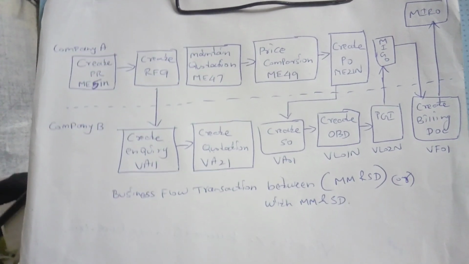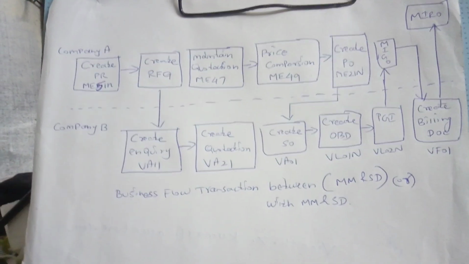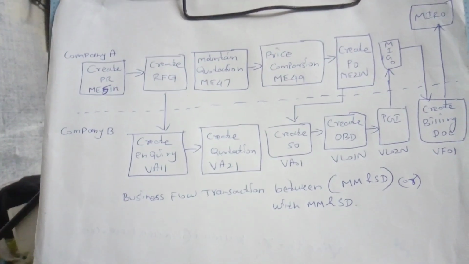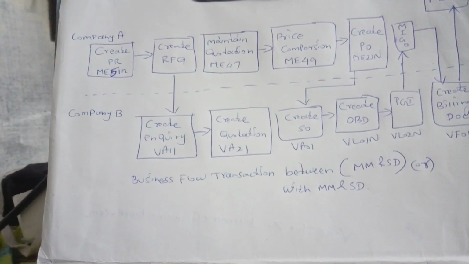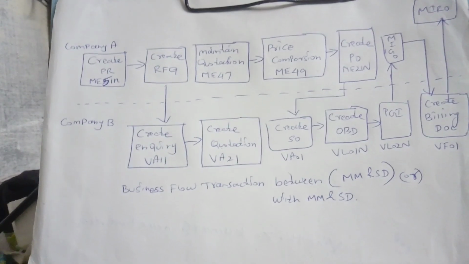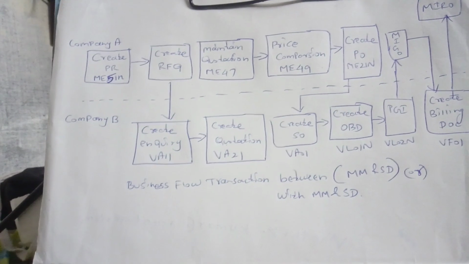This is in the SAP SD module of company B. The billing document will be created with reference to the outbound delivery created before in company B.